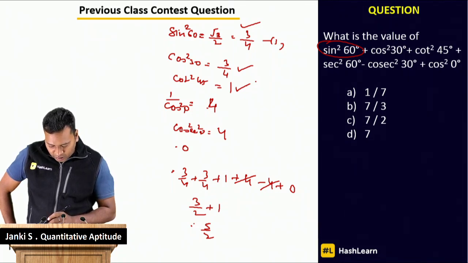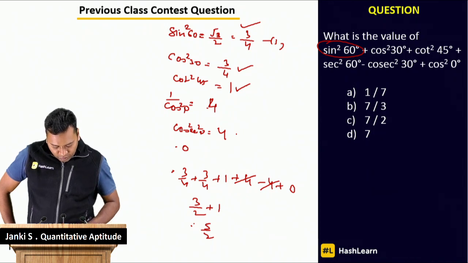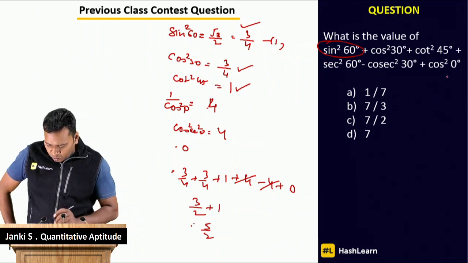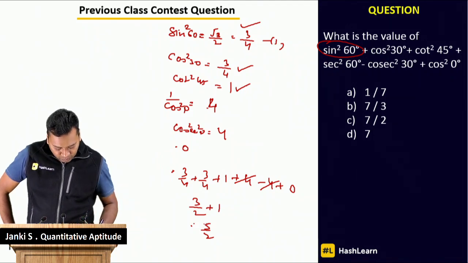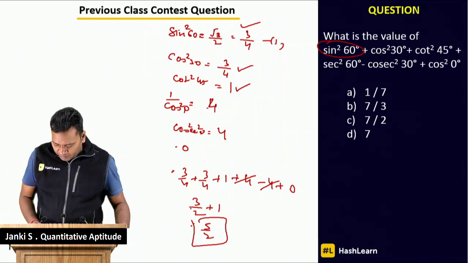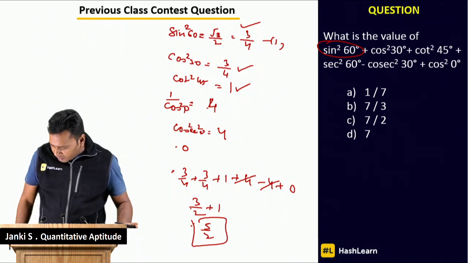And then sec square 60 is 4, that's correct. The value has to be 3 by 4 plus 3 by 4. Every value we have mapped here, and cos square 0 is also 0. Every value is mapped here, right? It is supposed to be 5 by 2, right? Anyhow, so that will be the value possible here, right?